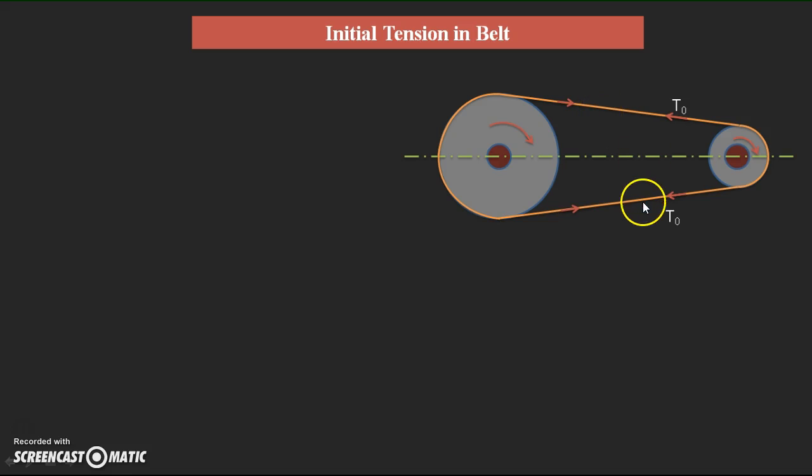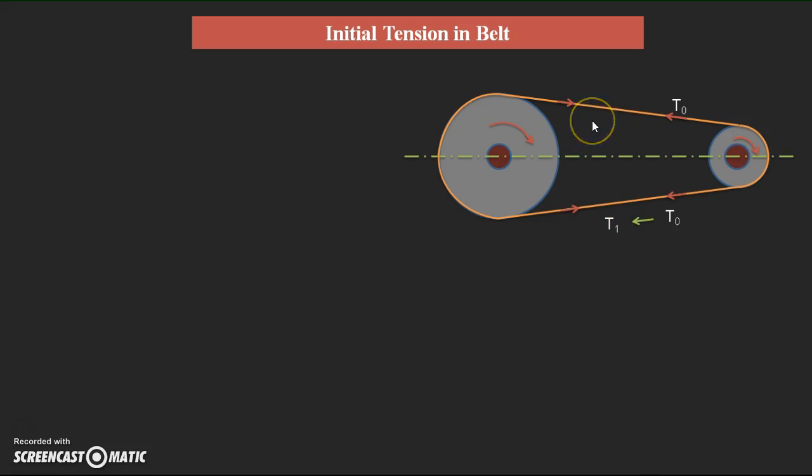Because of that, the downward side becomes tight and the upward side becomes slack. When it is tight, the tension increases up to T1. Initially it maintains T naught, then after the pulley starts rotating, the tension increases to T1 on the tight side.